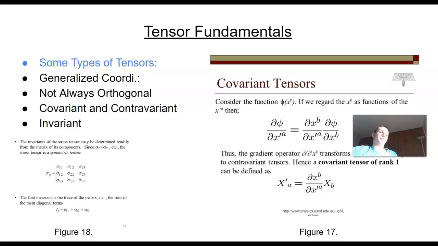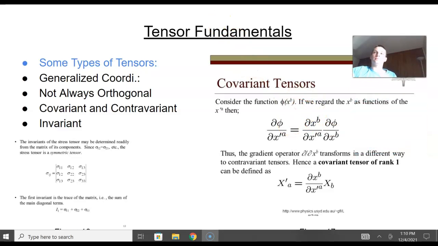Lastly, tensors are invariant in coordinate system transformations. This is important in linear algebra because basis vectors are the composition of coordinate systems. Basis vectors define a coordinate system.